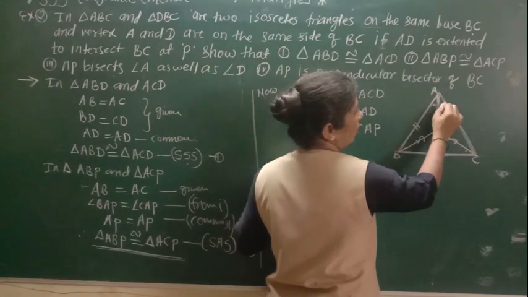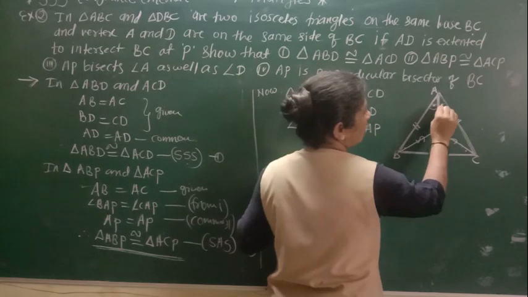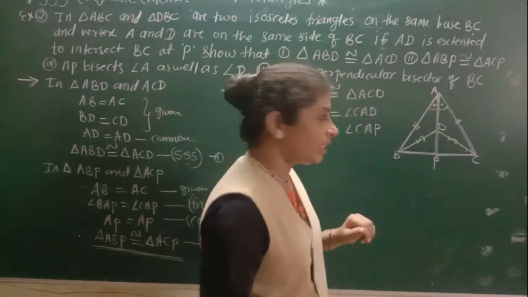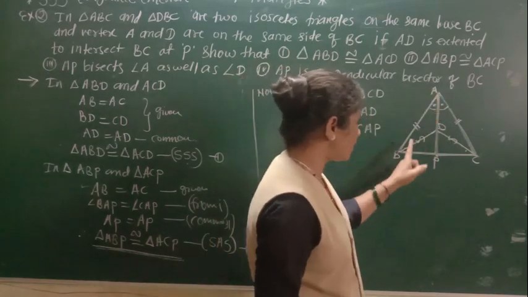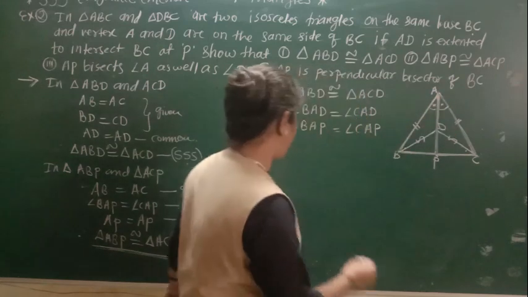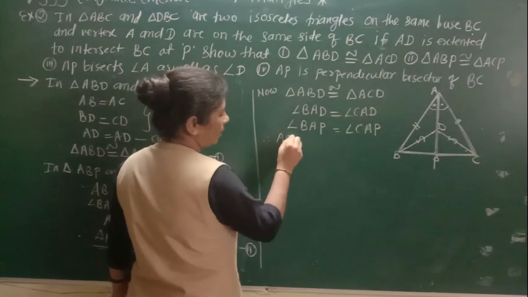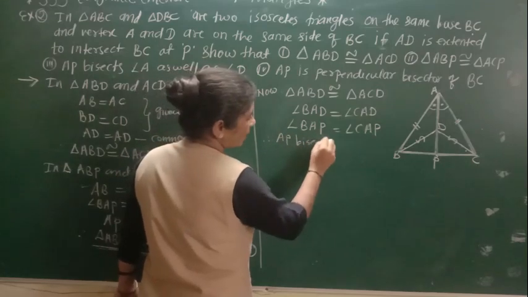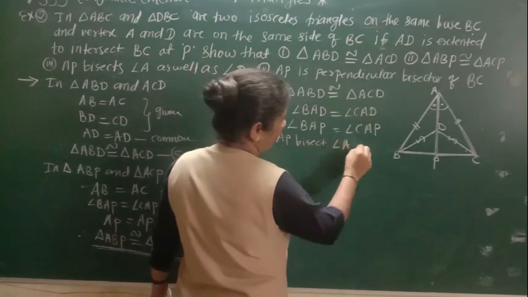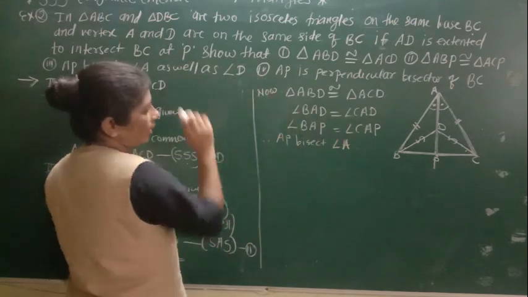These two angles are equal to each other, which is possible when AP bisects angle A. So we will write here: hence AP bisects angle A. Now again we want as well as also angle D.